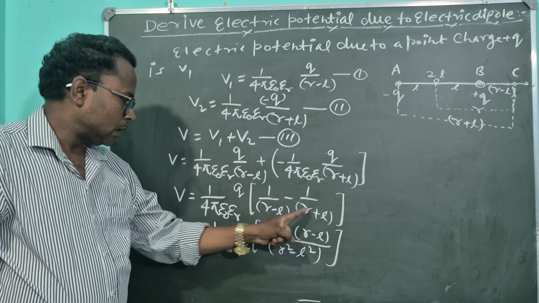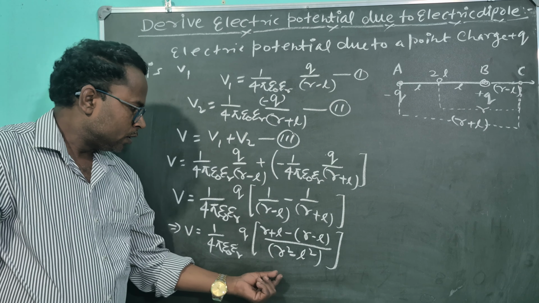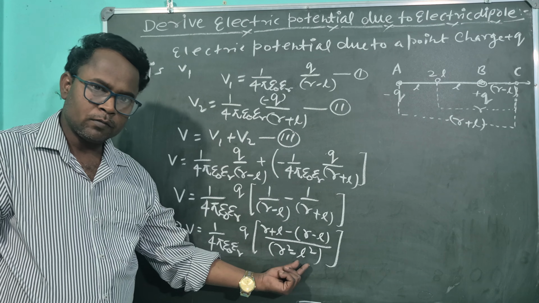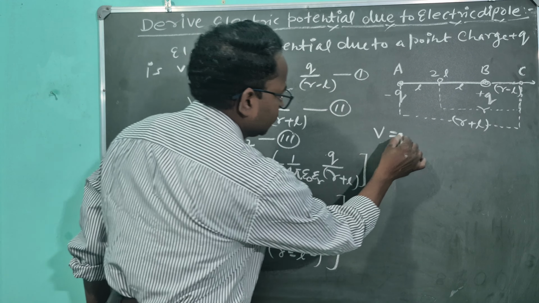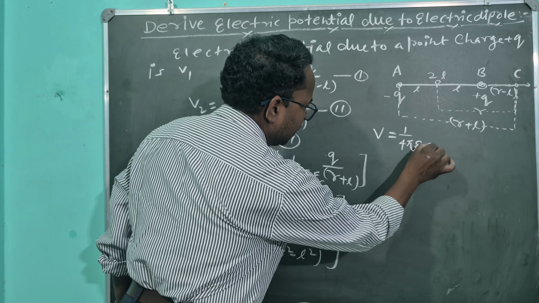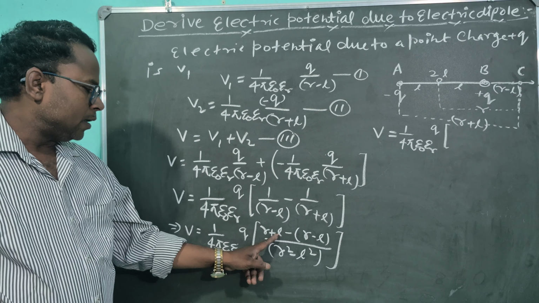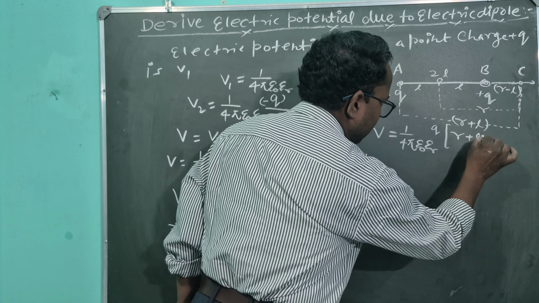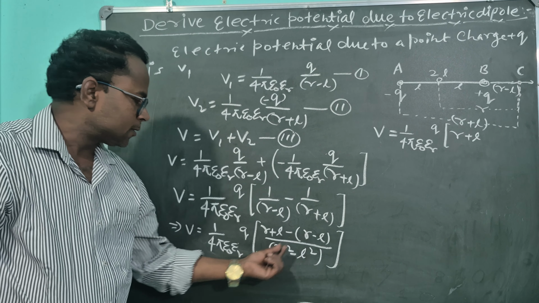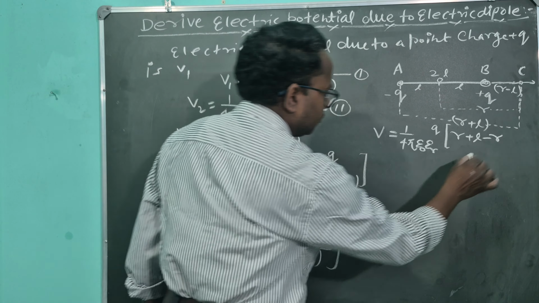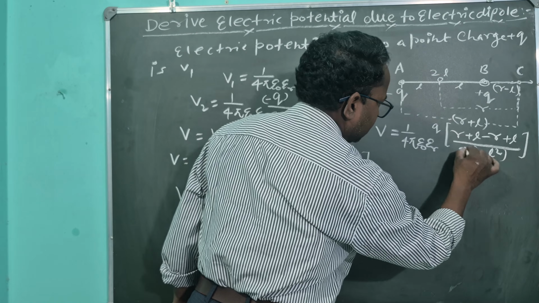Here, on cross multiplication, R plus L is multiplied by 1 and R minus L is multiplied by 1, and then both are multiplied together, using a plus b times a minus b equal to a square minus b square.